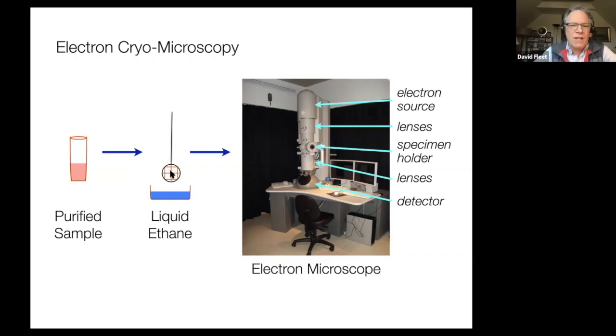And then what they do is they spread that solution on a carbon sheet so that it's extremely thin. Typically, it has to be around 100 nanometers or thinner. And then it gets frozen in a cryogen, typically liquid ethane. And once it's frozen in the cryogen, it freezes all the particles in place and keeps them in place so that you can put the sample into the vacuum of the electron microscope.